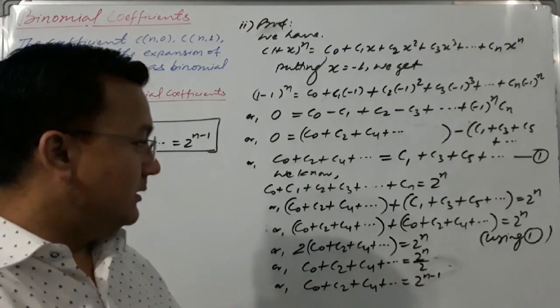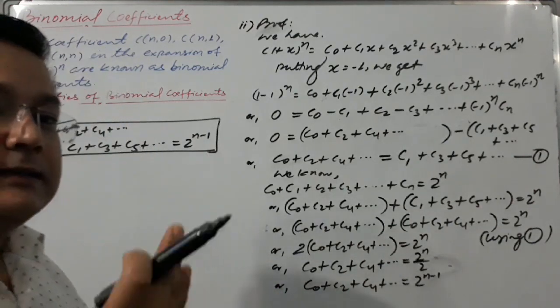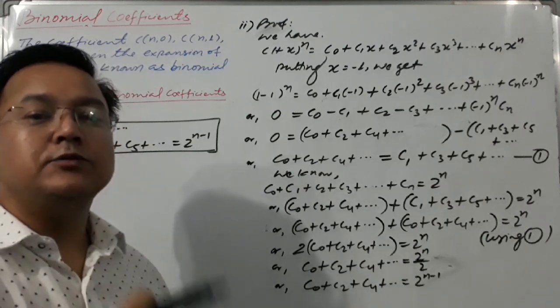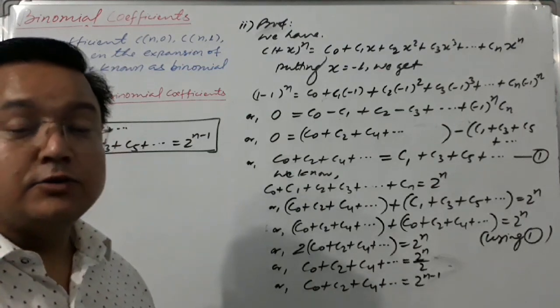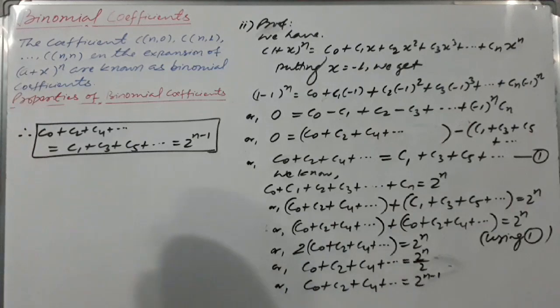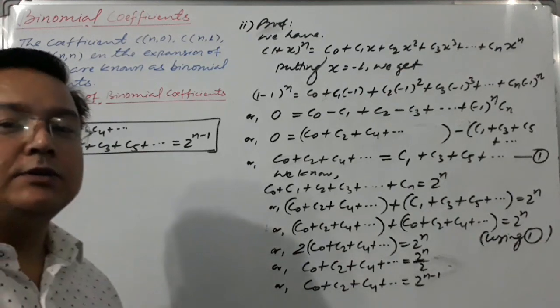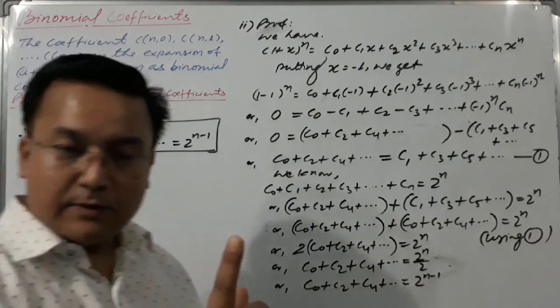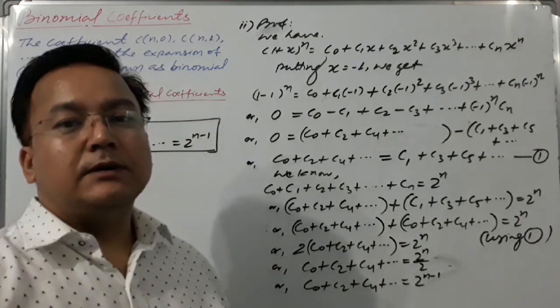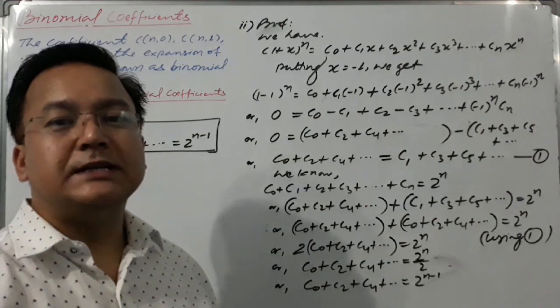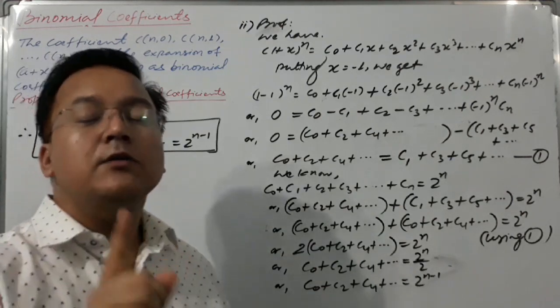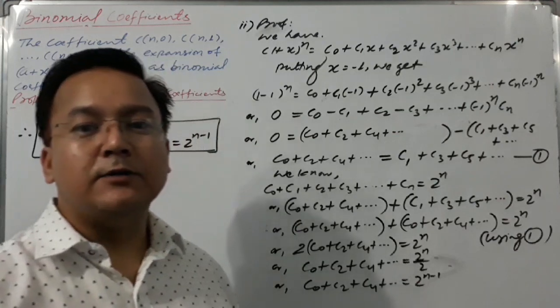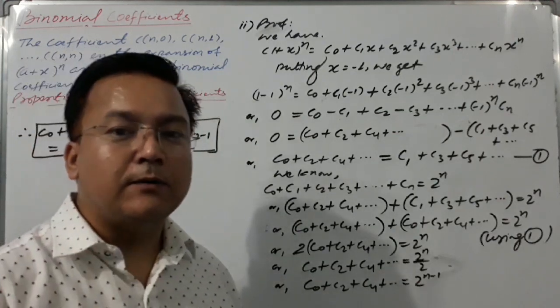Number one, once again, let me repeat: C0 plus C1 plus C2 plus dot dot is equal to 2 raised to power n. Another one: C0 plus C2 plus C4 plus dot dot is equal to C1 plus C3 plus C5 plus dot dot is equal to 2 raised to power n minus 1. Let me repeat again. Number one property: in the expansion of 1 plus x raised to power n, the sum of the binomial coefficients is equal to 2 raised to power n.